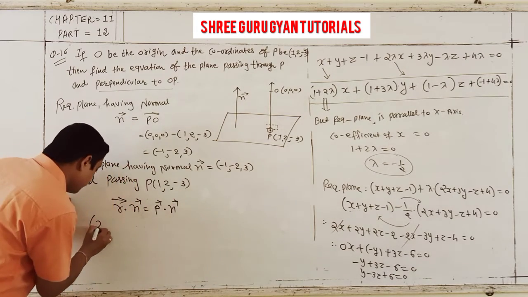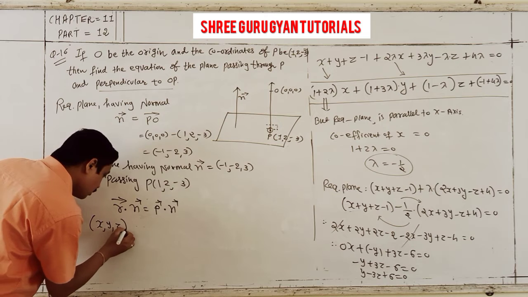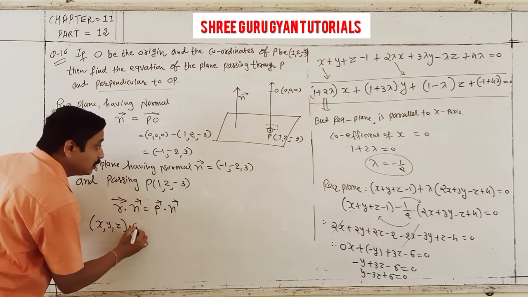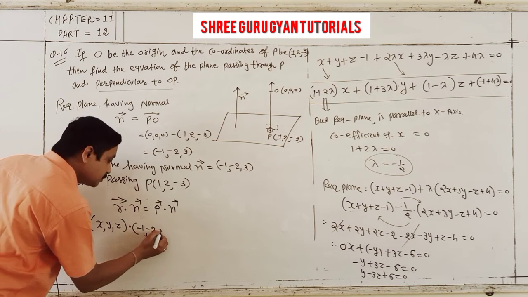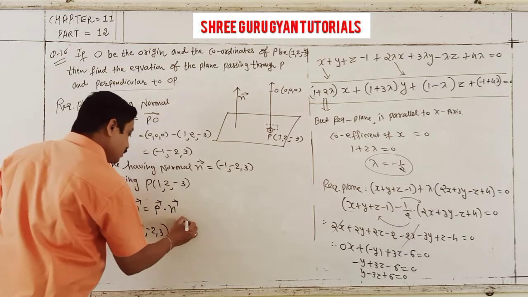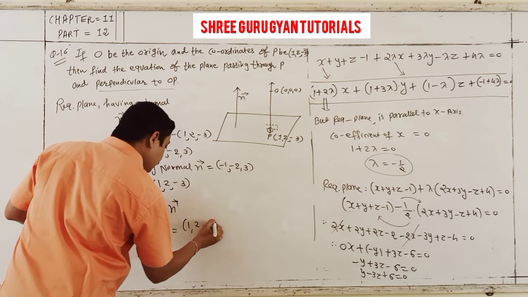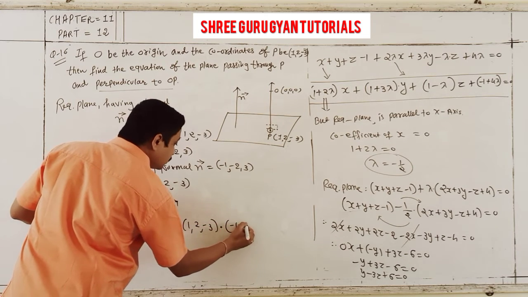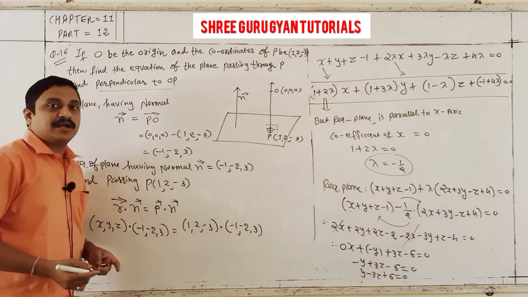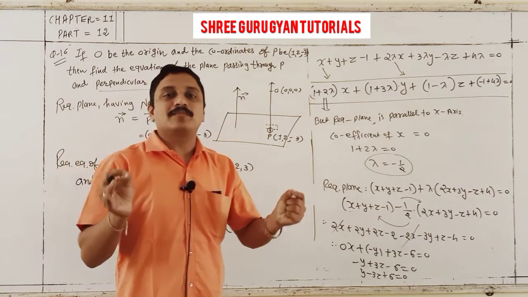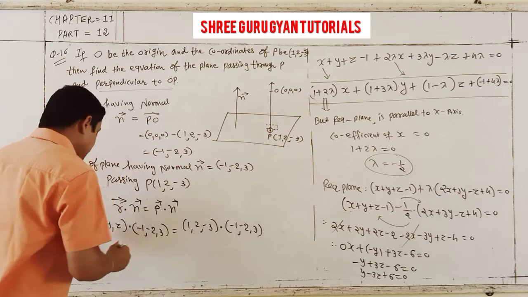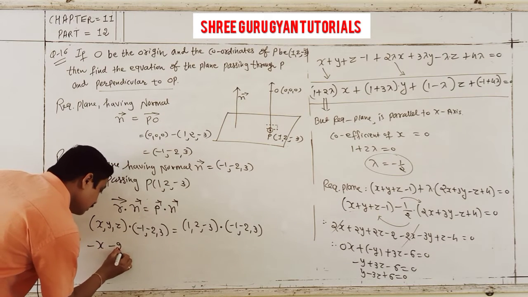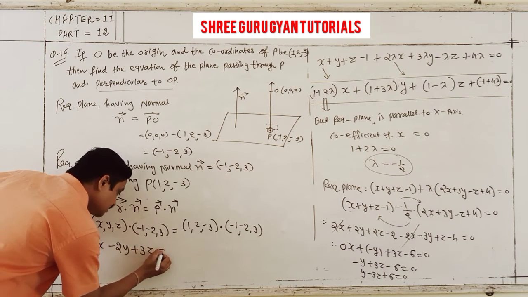Now what is r? x, y, z. n is the normal, minus 1, minus 2, 3. Same P, 1, 2, minus 3, and normal minus 1, minus 2, 3. Now go to the simple dot product between them. So this answer is minus x, minus 2y, plus 3z.